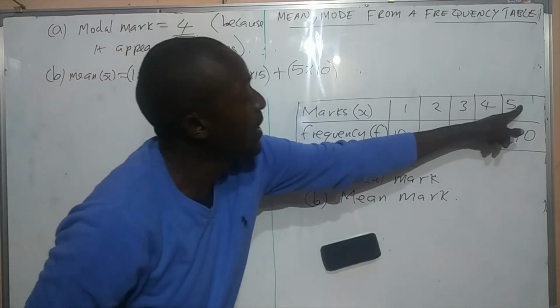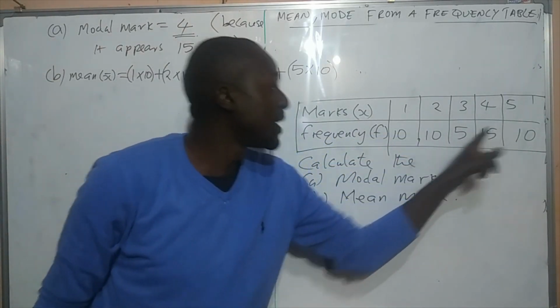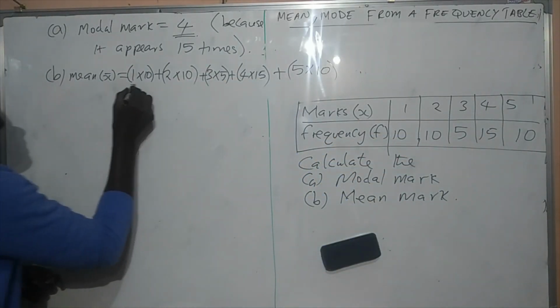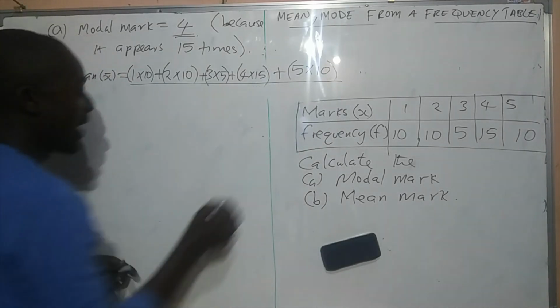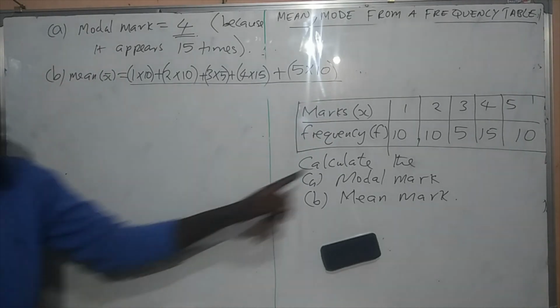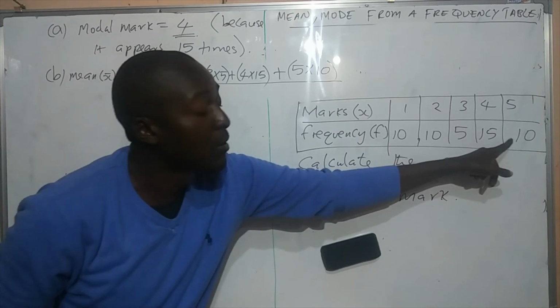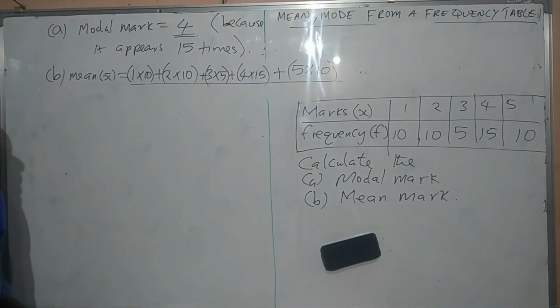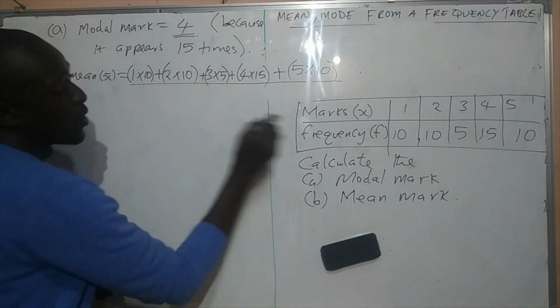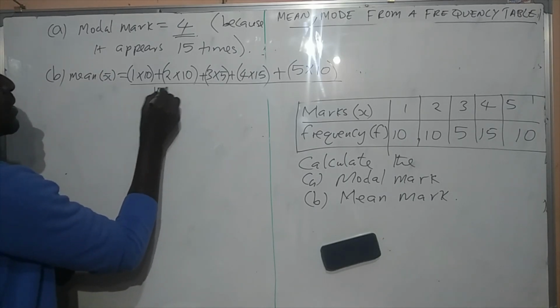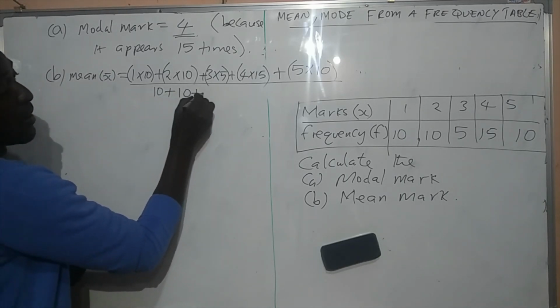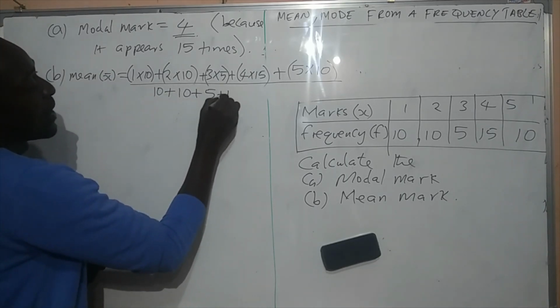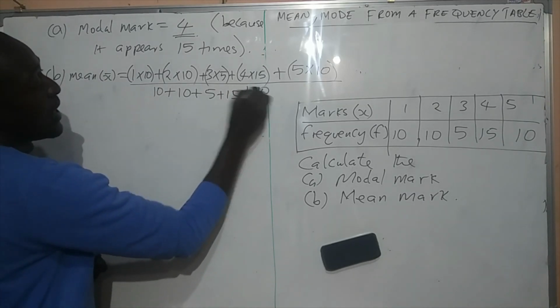Then you divide all of this by the total frequency, which is 10 plus 10 plus 5 plus 15 plus 10.